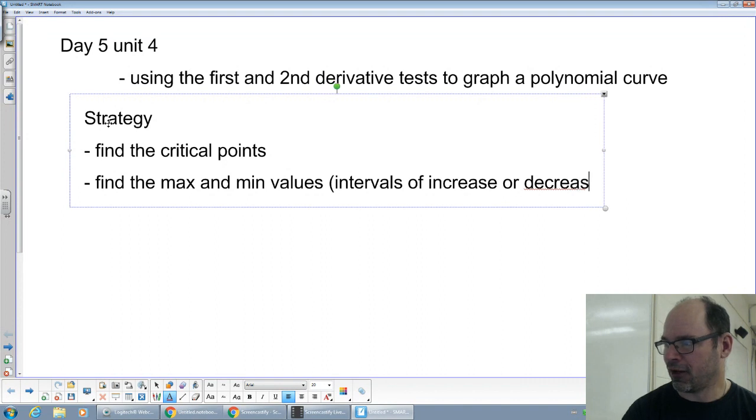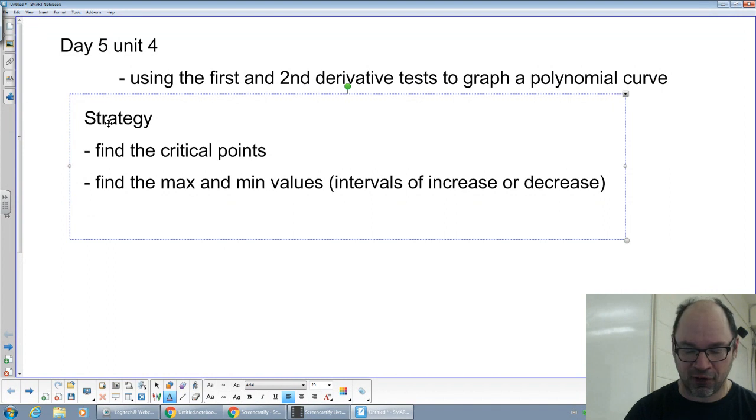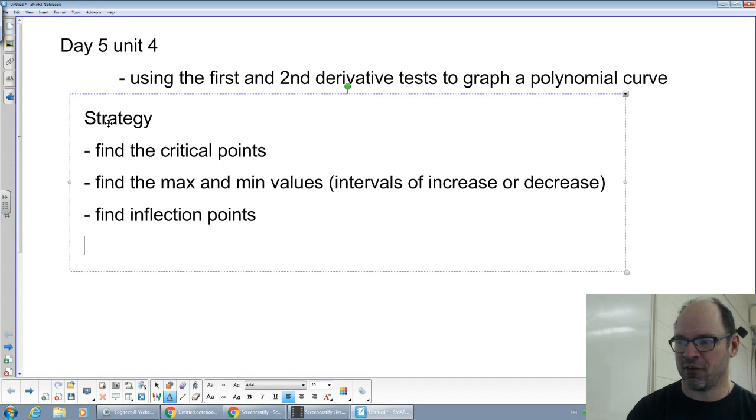Oh, I can't type here today. Okay, and we also have to find the inflection point. Okay, if there are any inflection points in there as well, and then we'll sketch it using those ideas.